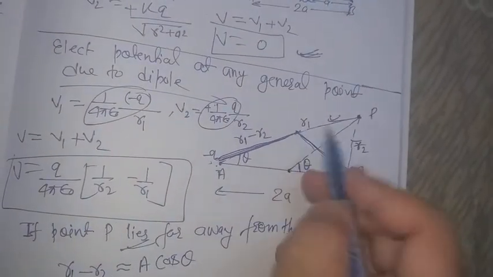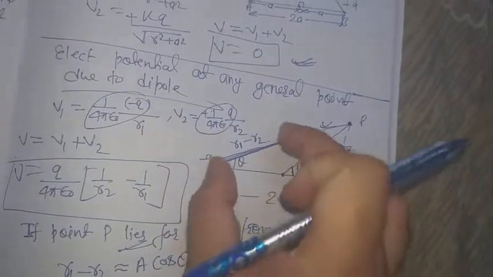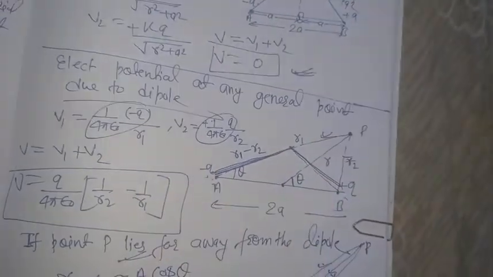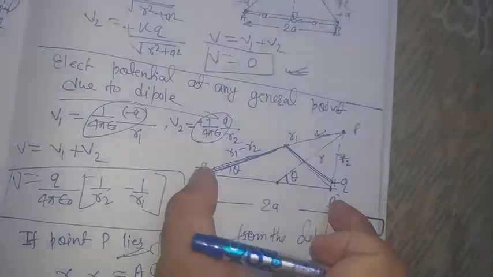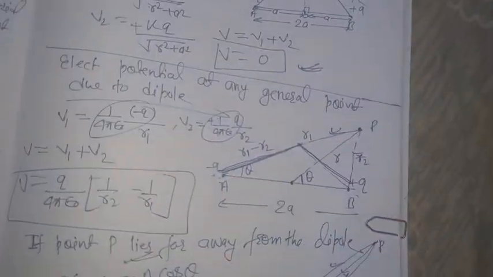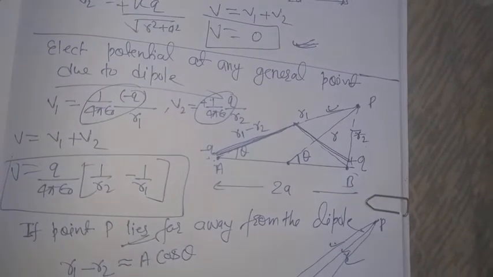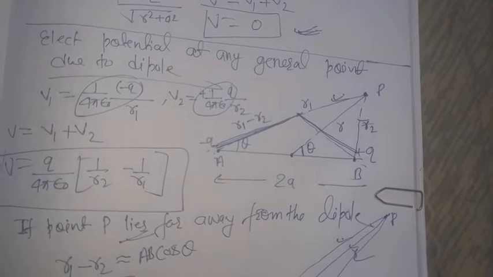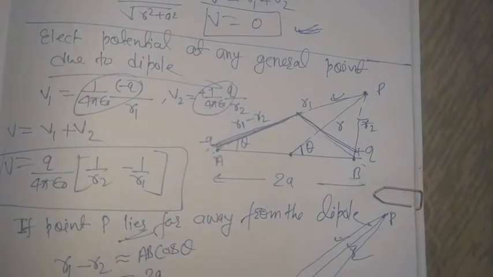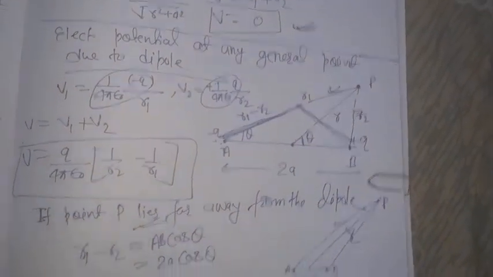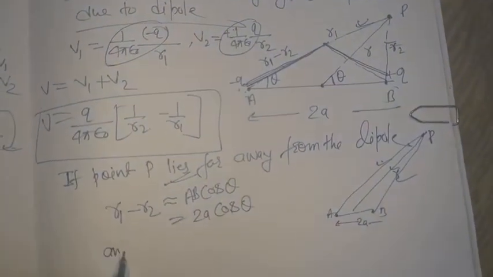Take the component along the direction of theta, the component of AB is AB cos theta, which is r1 minus r2. Okay, so what is AB? AB is 2a, into cos theta. So r1 minus r2 is 2a cos theta.